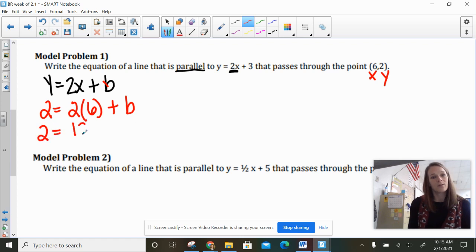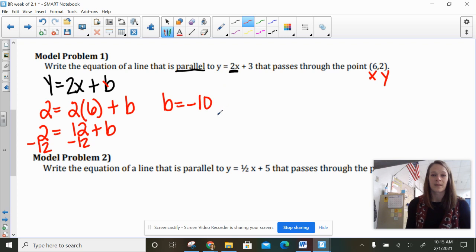It's 2 equals 12 plus b. Subtract 12 from both sides, and that's going to give me b equals 2 minus 12, which is -10. So the line that would be parallel will be y equals 2x minus 10.